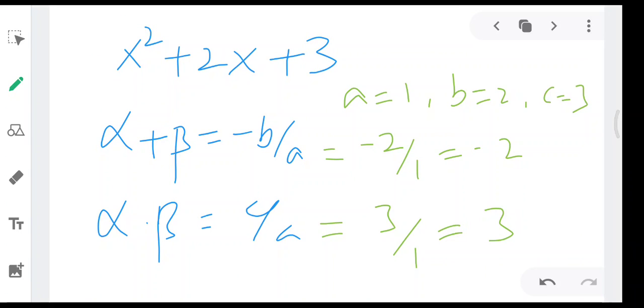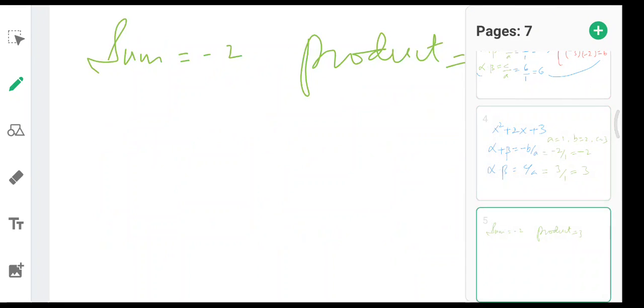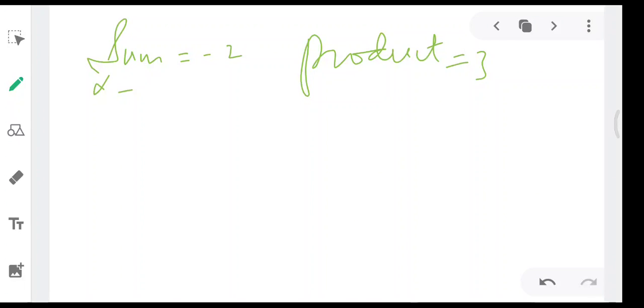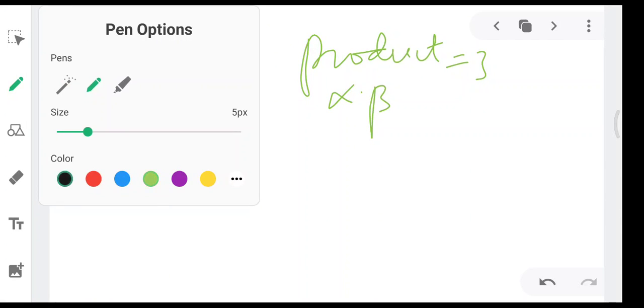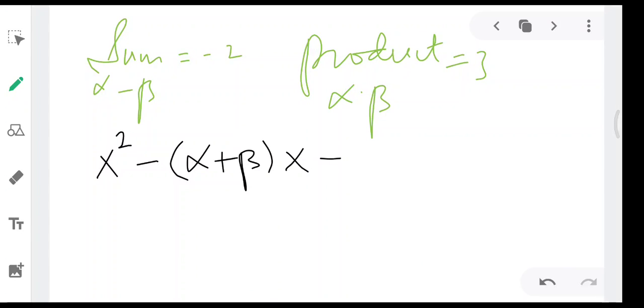Usually the sum is alpha plus beta, and the product we take as alpha into beta. So if you want to find the equation back from the sum and product of roots, the formula for that is: x square minus the sum of the roots into x plus the product of the roots, isn't it?